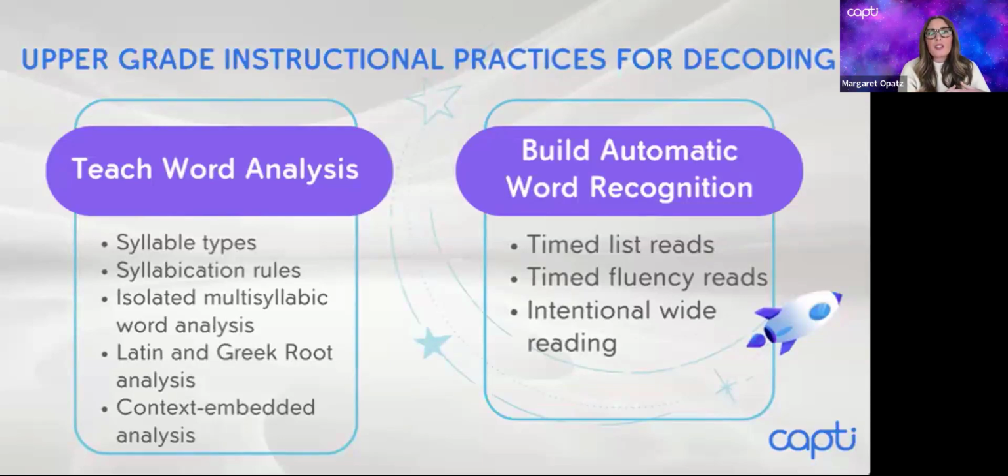But what the secondary students really need is learning syllable types. First of all, they have to know what a syllable is and what the types of syllables are. And then they need to know syllabication rules. Where do we separate the syllables? How do we know where to separate the syllables? Then they need to be able to look at a multisyllabic word and analyze it. What are the word parts that go together?